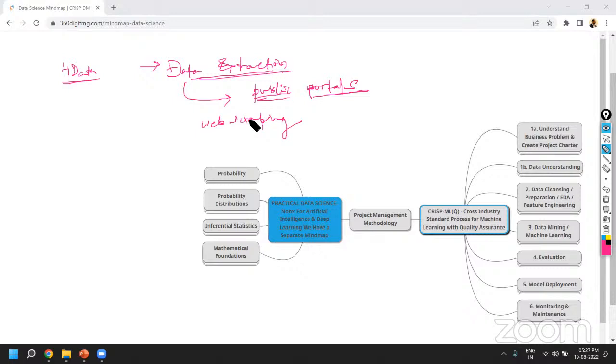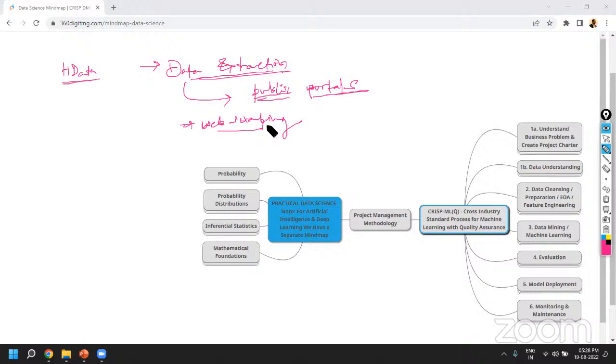We will have to build web scraping models. These models should constantly look into the sources and keep getting the data. So it should be a continuous process. And you can decide on the interval at which this script can be triggered to get the incremental data.